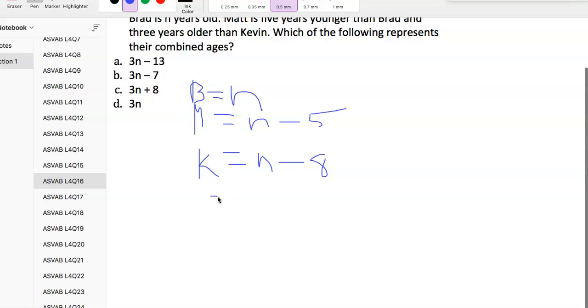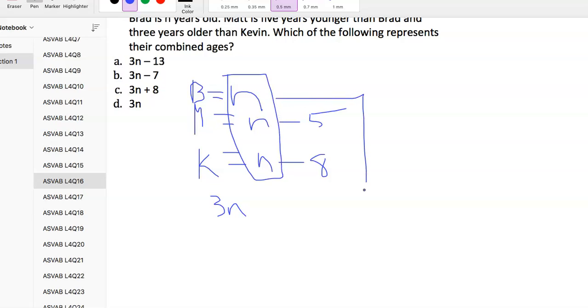That's our total. So we have 3 n's, and then we have minus 5 and minus 8. 5 and 8 is 13. There's our total, 3n minus 13. Answer choice A. That's how we do that.